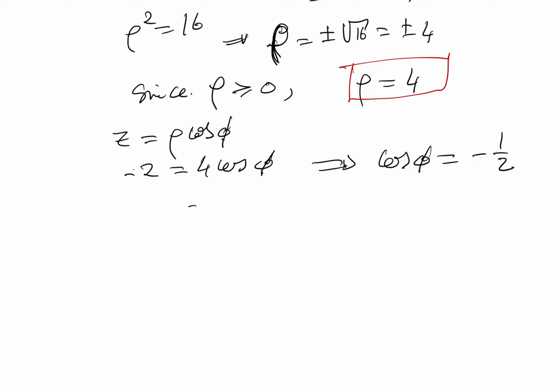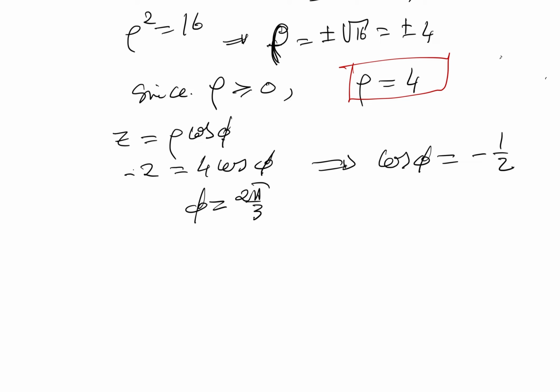So phi is equal to, okay, here you can just choose one point. That's okay. You can just choose phi is equal to 2 pi divided by 3. If you look here, you have cosine equal to 1/2, and you have cosine equal to negative 1/2. Then the phi has to be 2 pi over 3.